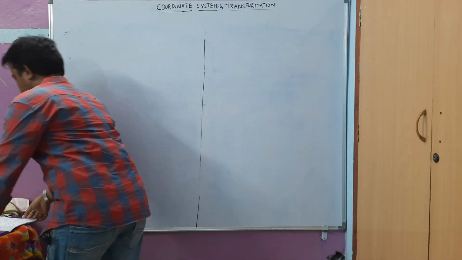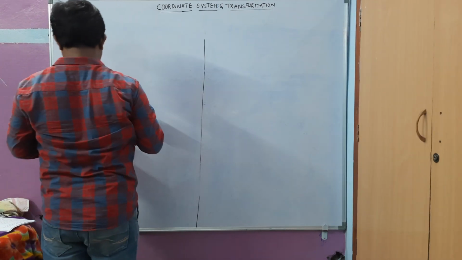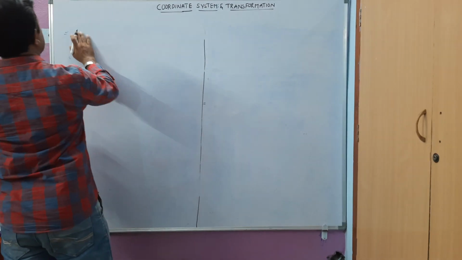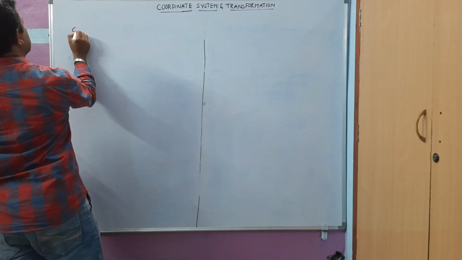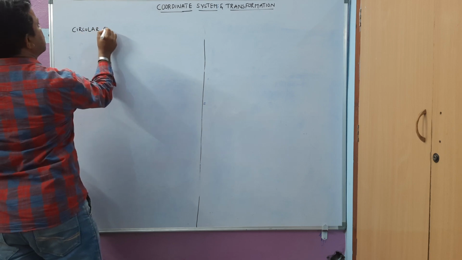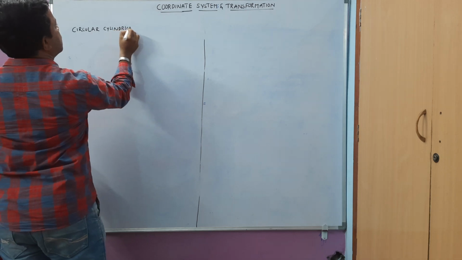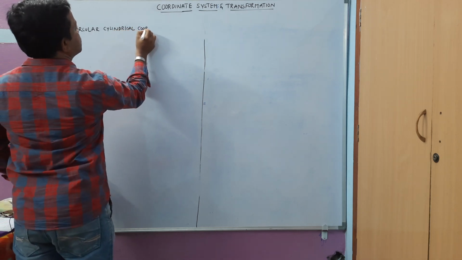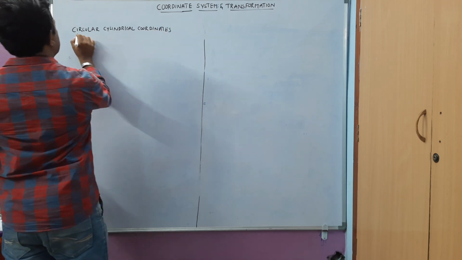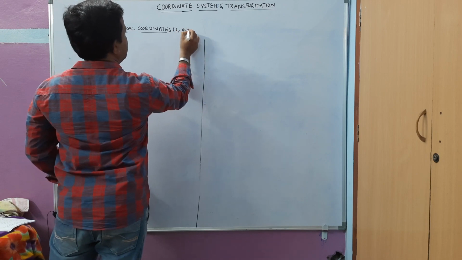Next we will go to the circular cylindrical coordinate system. The space variables here are rho, phi and z.